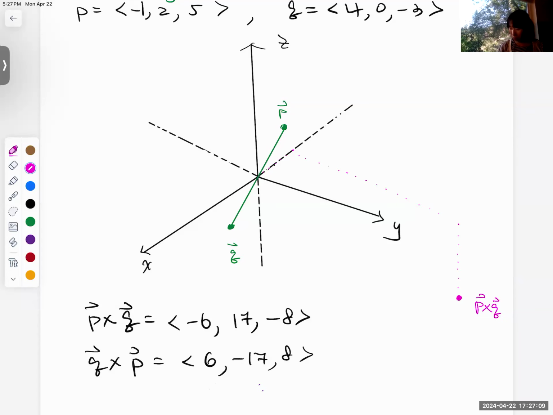Okay, now I want to make the Q cross P product, cross product of Q and P. So which is positive 6. So 1, 2, 3, 4, 5, 6, and negative 17. And then positive 8, right? So parallel with the y-axis, right?